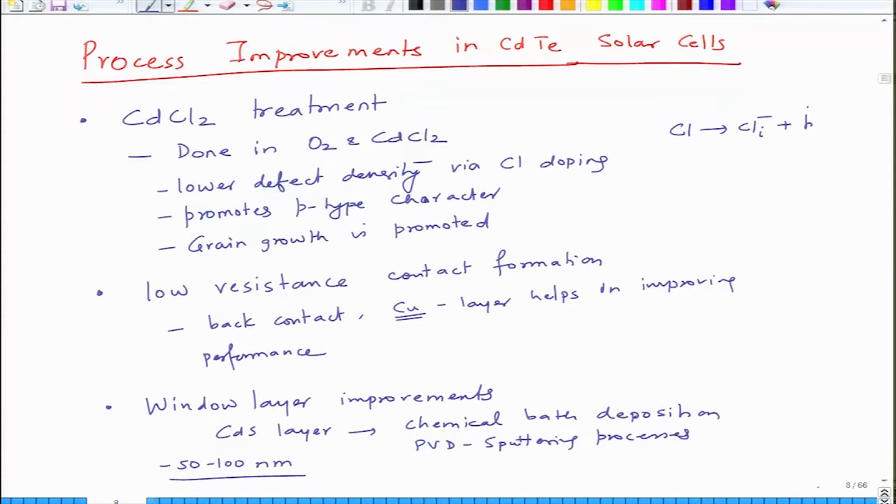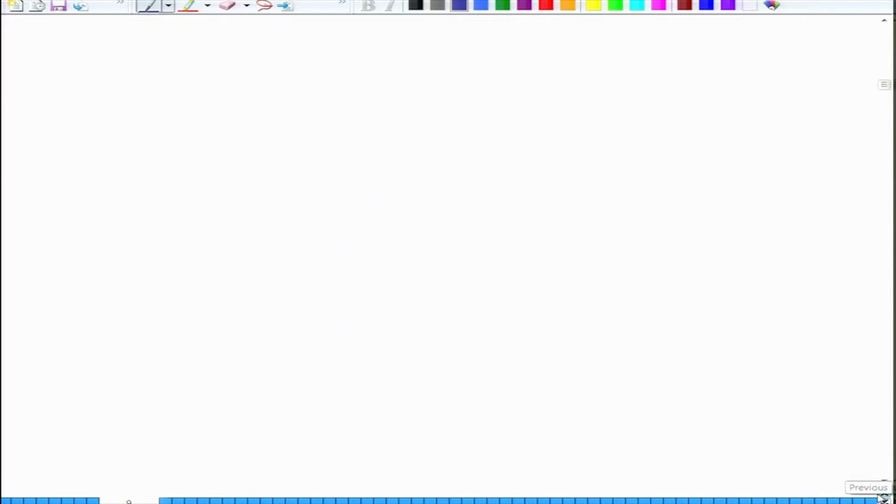Okay. So, the quality of CdS layer, which is to be deposited using chemical bath deposition or PVD processes, is quite important. And as I said that CdCl2 treatment is important because that promotes p-type behavior. It also promotes the grain growth. So, this is essential for getting good properties along with some modification in the back contact.